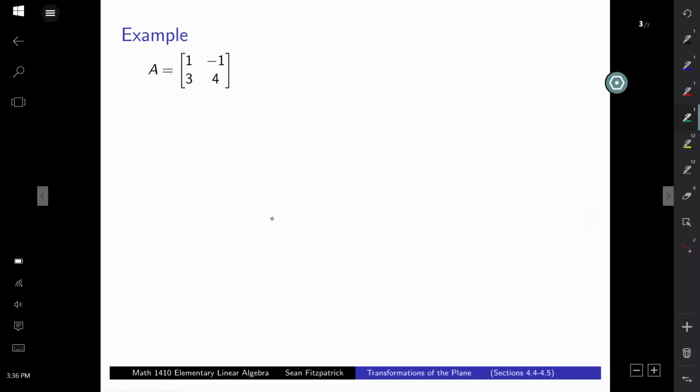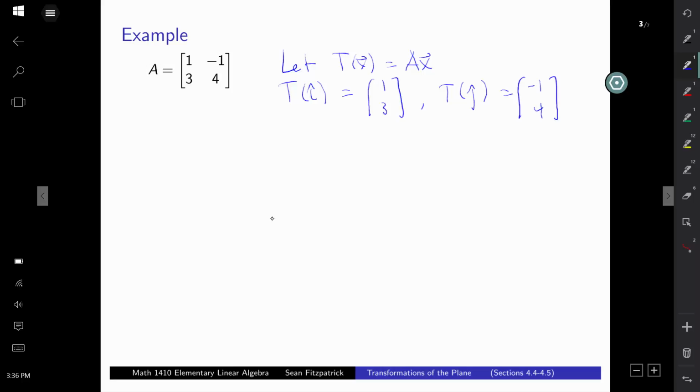To look at another possibility, let's try an example with concrete numbers. Let's plug in some numbers. We'll let T of x equal A times x. We know that T of i is going to be 1, 3, and T of j is going to be minus 1, 4. Plugging in 1, 0 gives me the first column, and plugging in 0, 1 gives me the second column. If I wanted to sketch things out, we put in our little unit square.